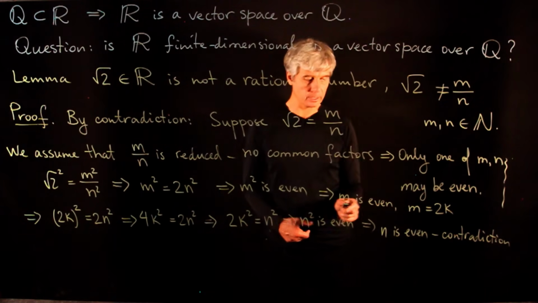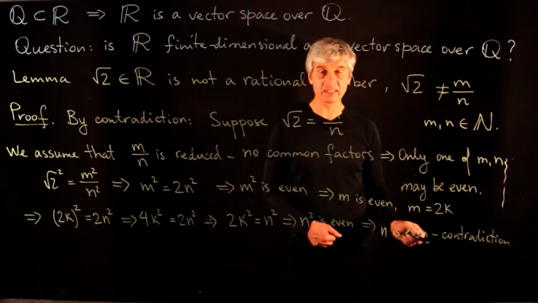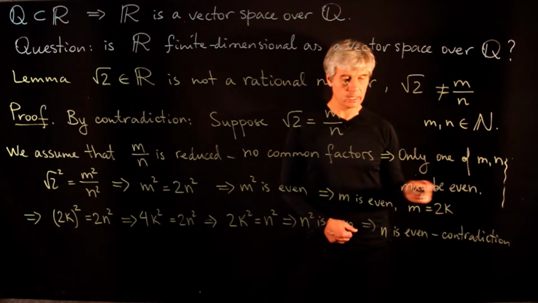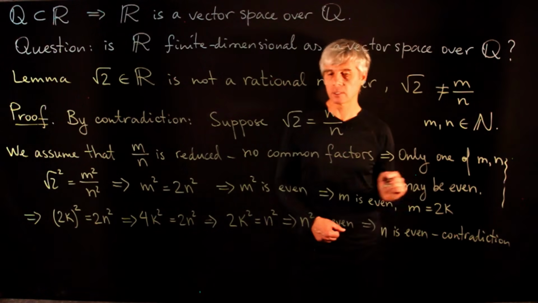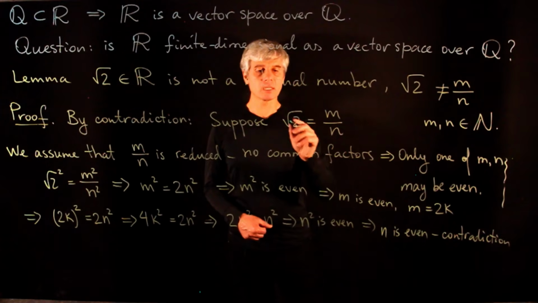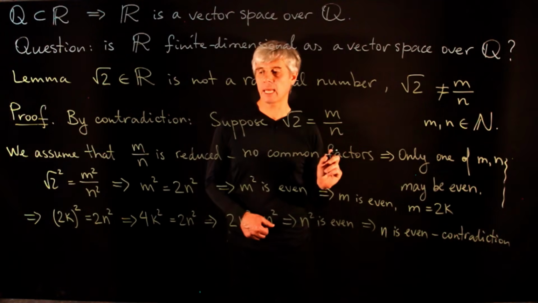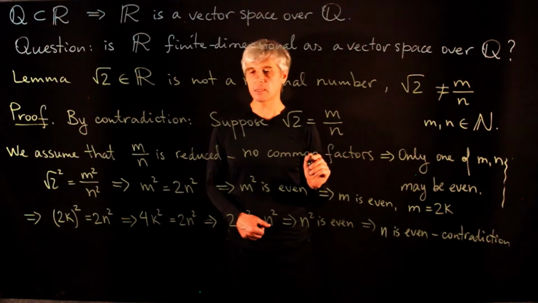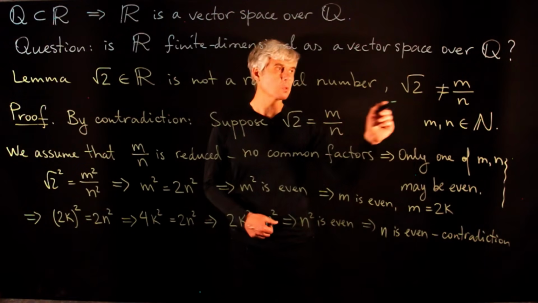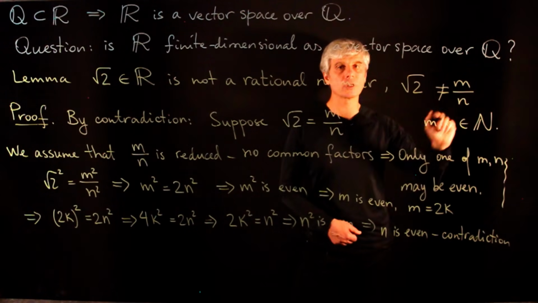And this is what we've got here. We got that m is even and n is even. So we get a contradiction. So this means that square root of 2 cannot be written as a reduced fraction. And so this means that square root of 2 cannot be written as a fraction at all.